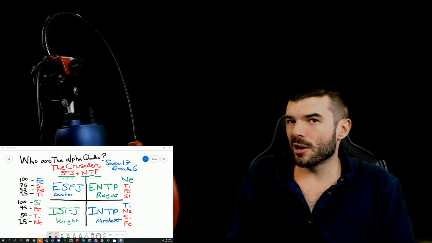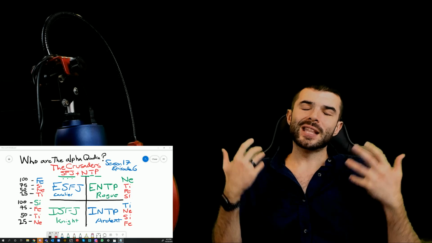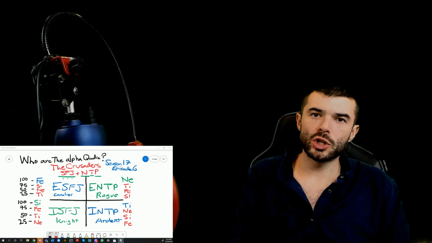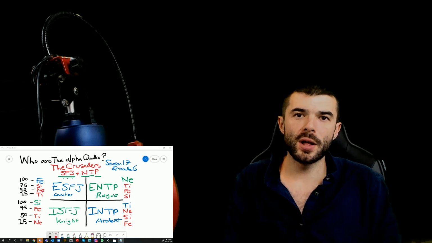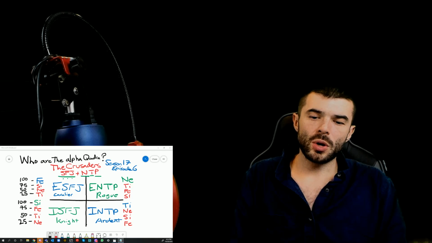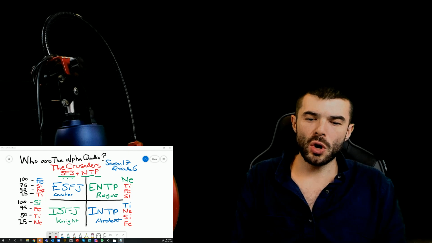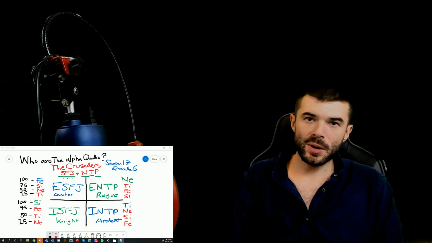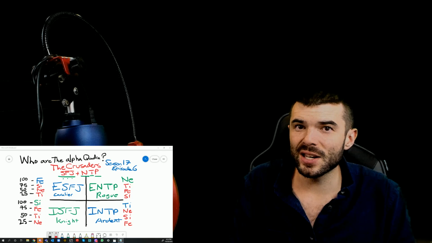The enemy of my enemy is my friend type of approach. That's really the only way to get this quadra to behave with one another and be with one another as a result. So it just really goes to show that while people have the same cognitive functions in their function stack, it's not exactly ideal.